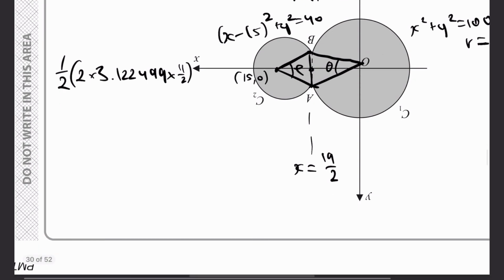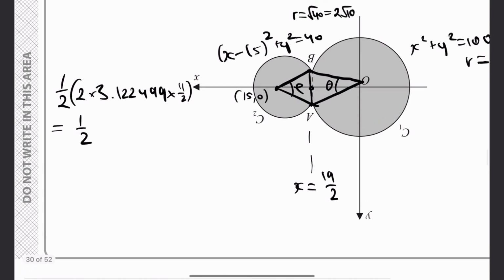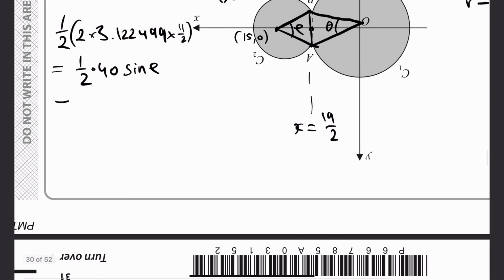Okay, so this is the area of that triangle, and that's equal to 1/2 AB squared, which is just going to be 40 sine phi. So first of all, cancel out like before.